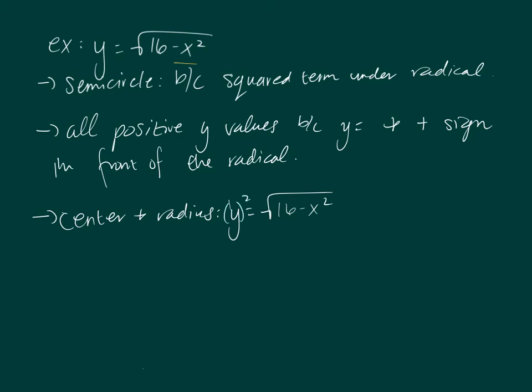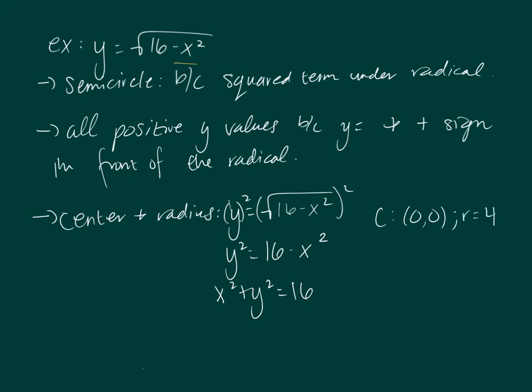So I square both sides, and I get y squared is equal to 16 minus x squared. This is not completely standard though, because I need x squared plus y squared, so I add x squared to both sides. And I get x squared plus y squared is equal to 16. So this means my center is 0, 0, and my radius is 4.